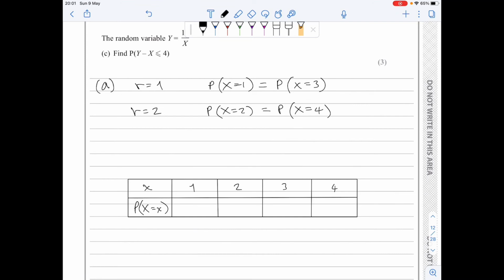Now probability X equals 2 and probability X equals 4 are the same, and these are given by the question as 0.35.